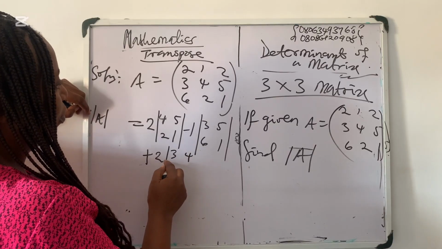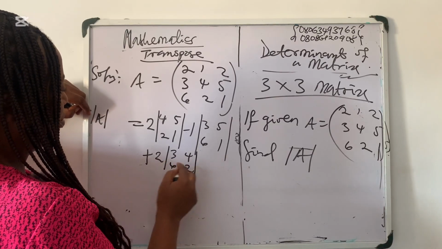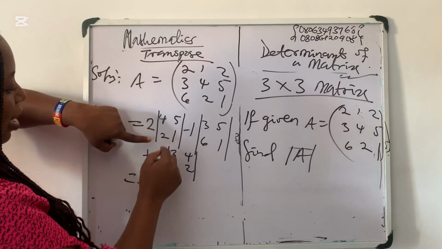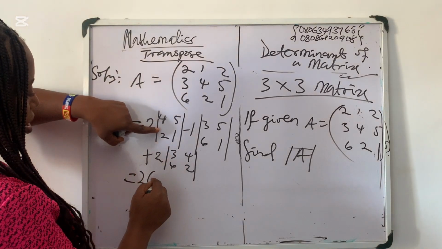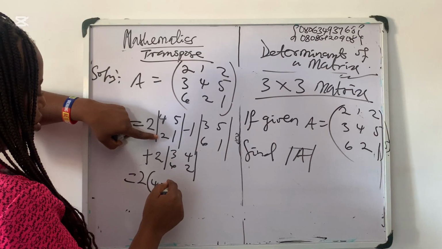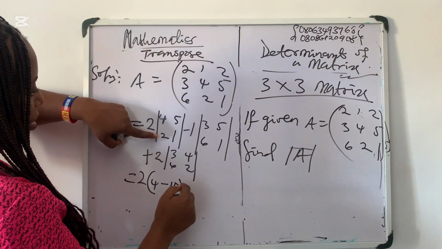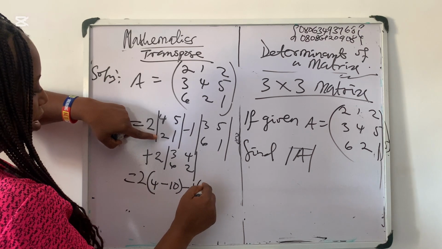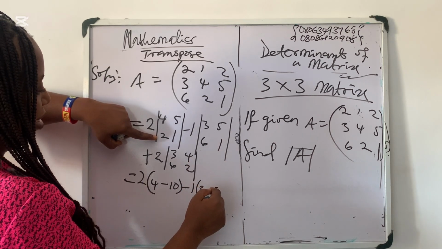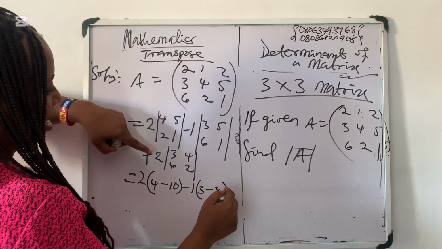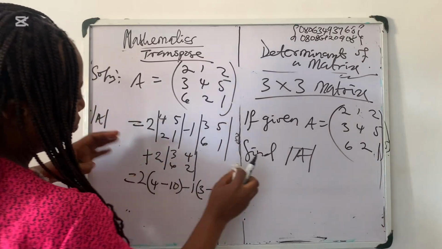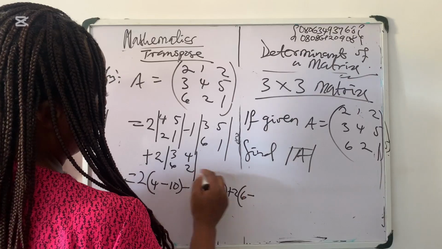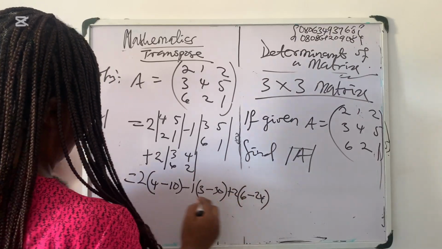3, 4, 6, and 2 equal to, bracket open, 4 times 1 is 4, minus 5 times 2 is 10, minus 1, 3 times 1 is 3, minus 5 times 6 is 30, bracket close, plus 2, 3 times 2 is 6, 4 times 6 is 24.